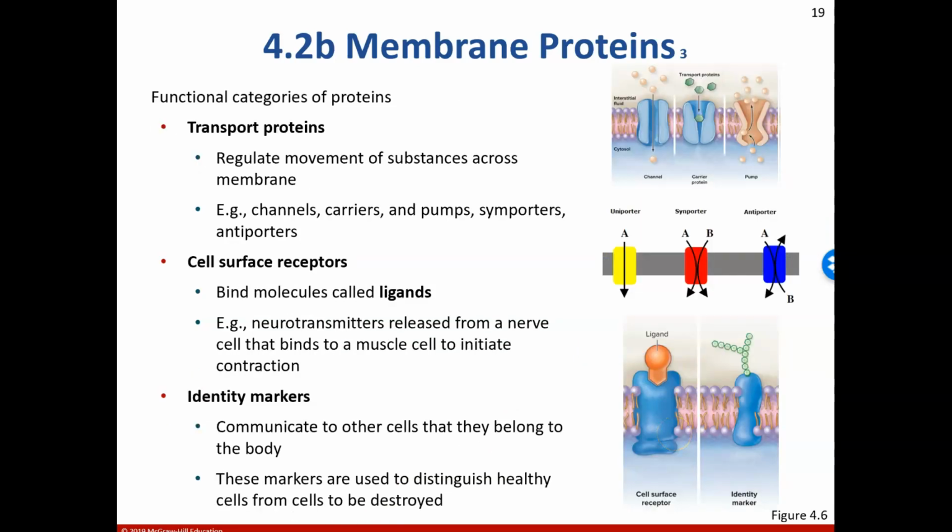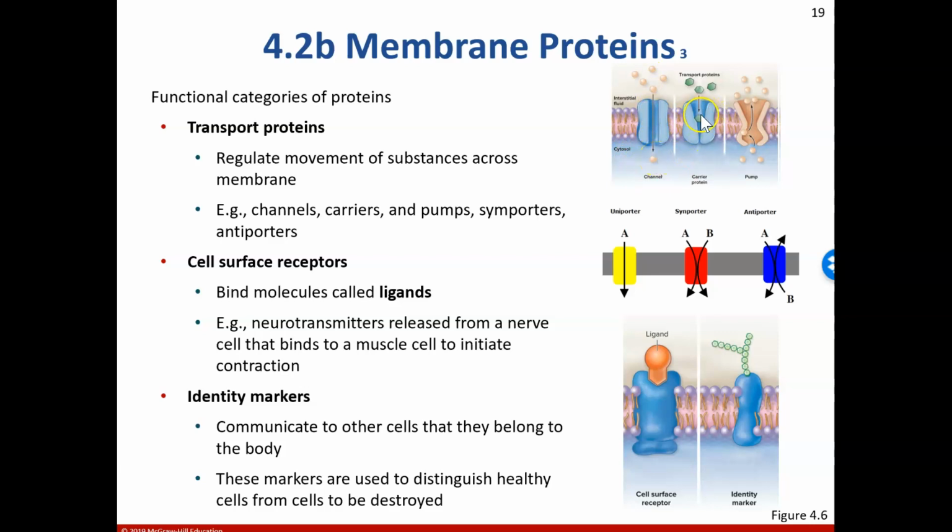So if we wanted to identify these proteins based on their functional categories, we can call some of them transport proteins. These transport proteins are going to work to regulate the movement of a substance across the membrane. So they can serve as channels where we can see, let's say, ions moving through.